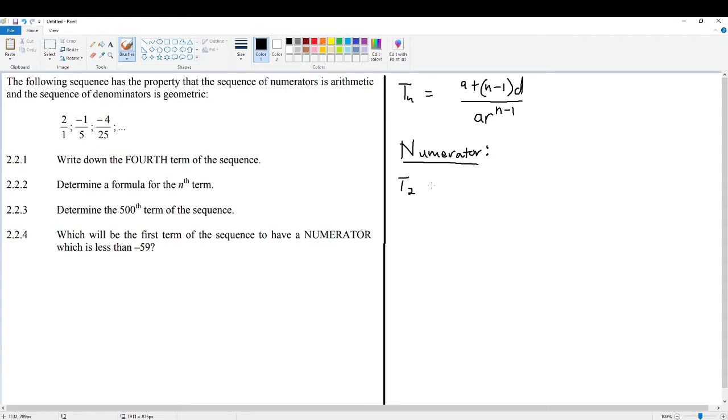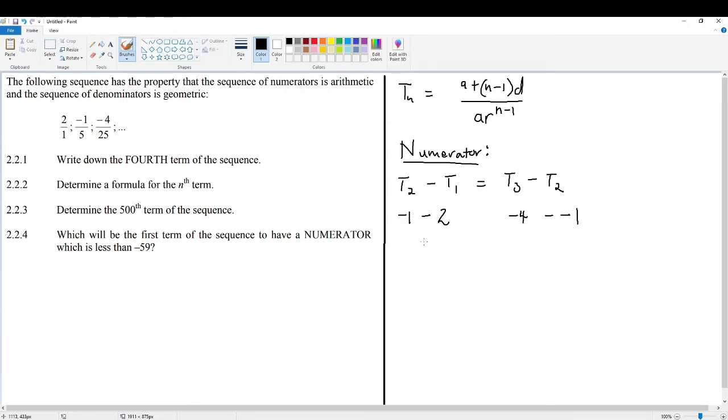So T2 minus T1 should be equal to T3 minus T2. T2 is minus 1 minus our first term 2, and T3 is minus 4, our second term is minus 1.